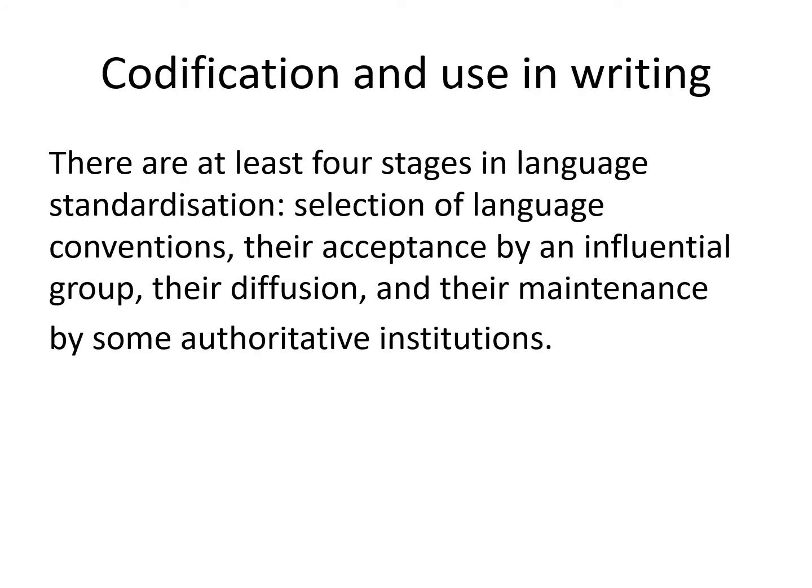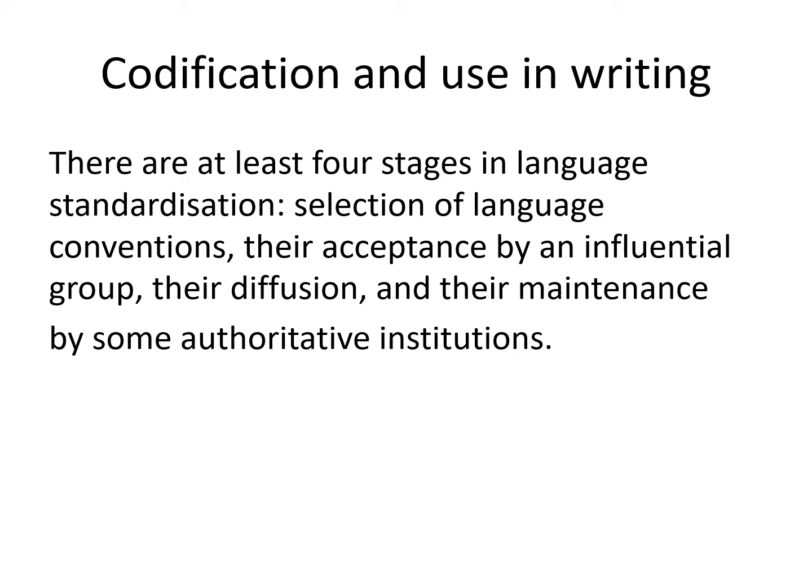Codification and use in writing. There are at least four stages in language standardization: selection of language conventions, their acceptance by an influential group, their diffusion, and their maintenance by some authoritative institution. First, selection of language conventions, or language traditions, or language rules.